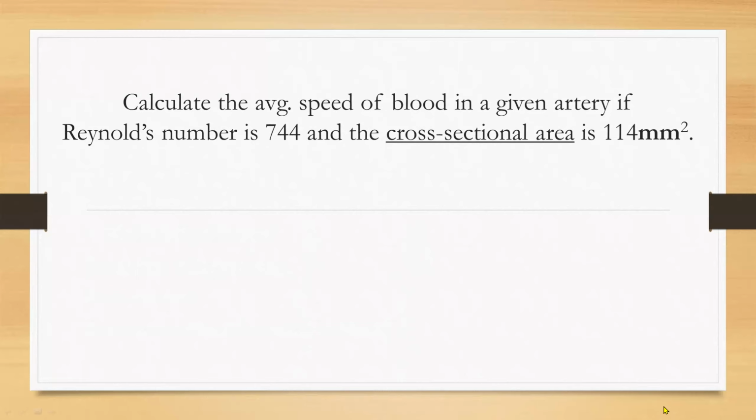There is something called laminar flow, and there is something called turbulent flow. If the Reynolds number is more than 1000, then the liquid has turbulent flow, and if it is less than 1000, it means laminar flow.